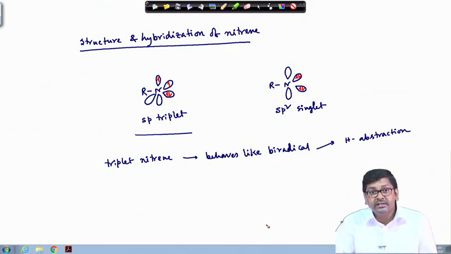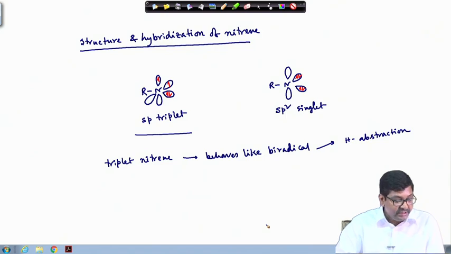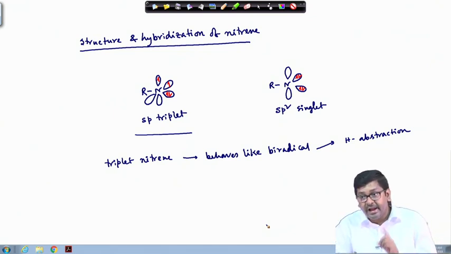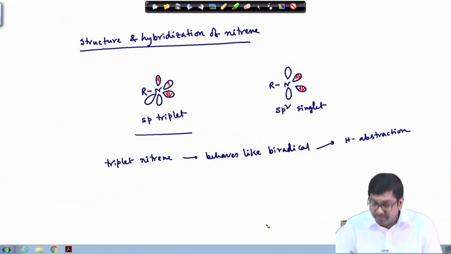We have seen that in case of carbene also, when it is triplet carbene, when it is adding to any pi systems, like the double bond or olefins, that is giving non-stereospecific additions. That means after addition of this triplet carbene, it is not stereospecific anymore. That means we are getting a mixture of products.